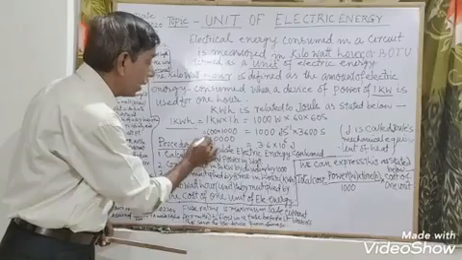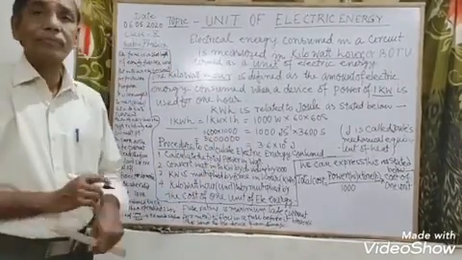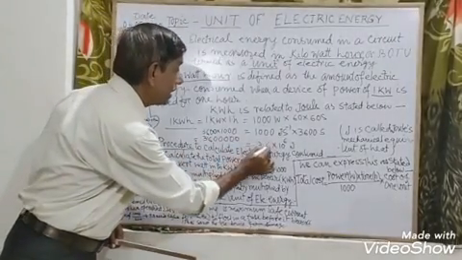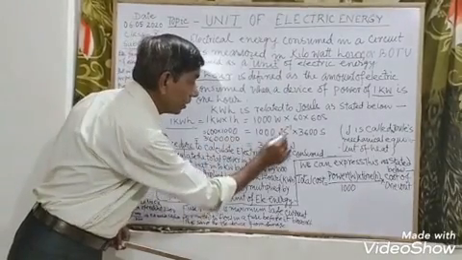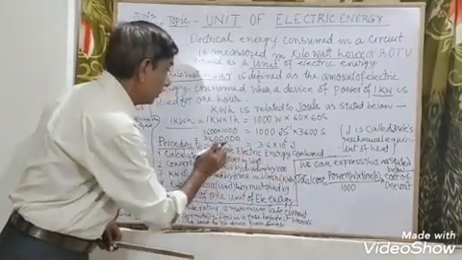If we put one decimal, the power of 10 will be extended. So obviously 3.6 into 10 to the power 6 joule.